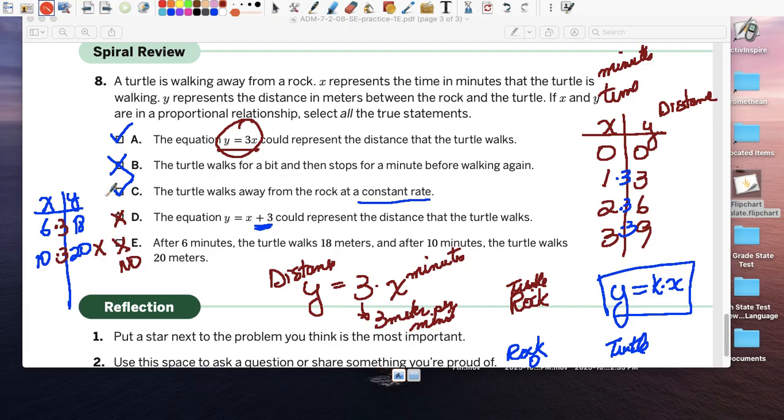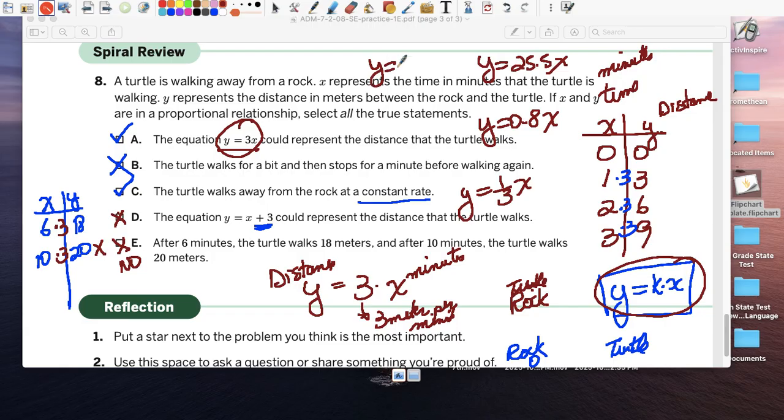Okay, so a little bit of understanding, right? You know what a proportional table looks like. You know what a proportional equation should look like. It should always be in this form: y equals 2x, y equals 1/3 of x, y equals 0.8x, y equals 25.5x, y equals 100x. These are all representing proportional relationships.